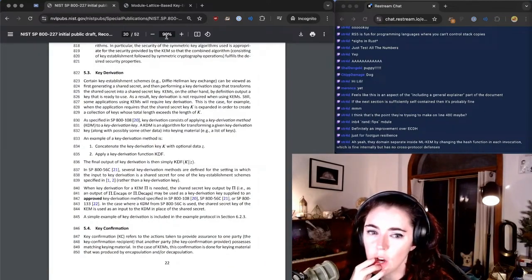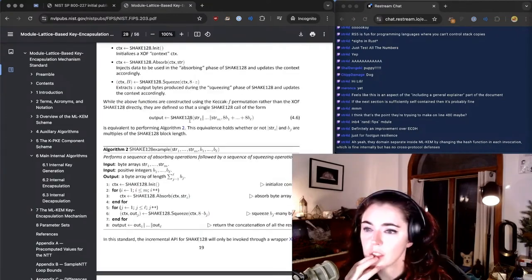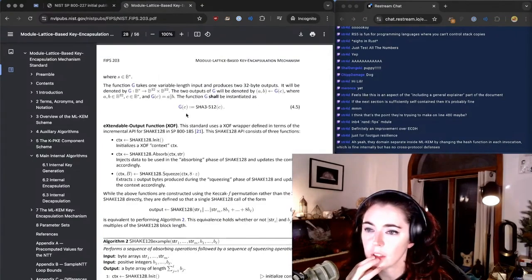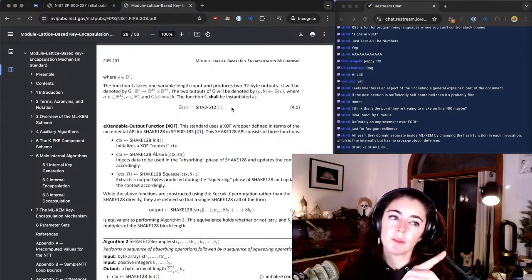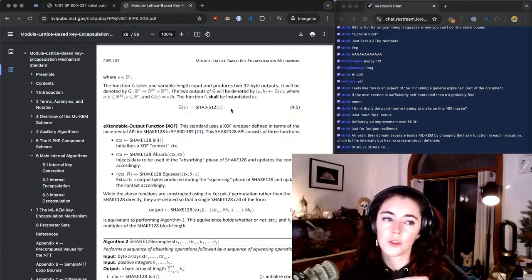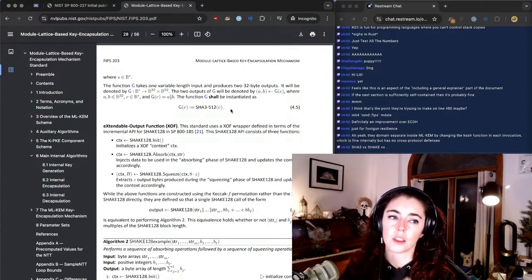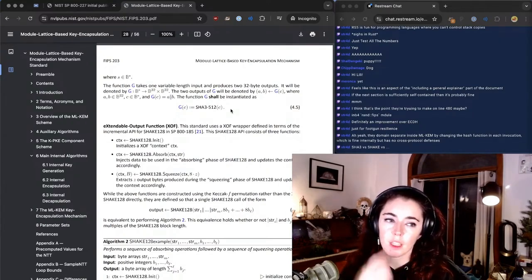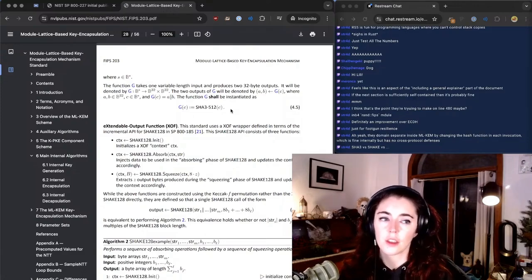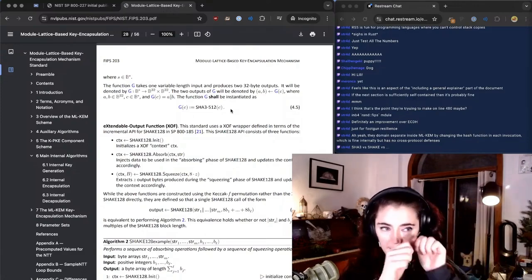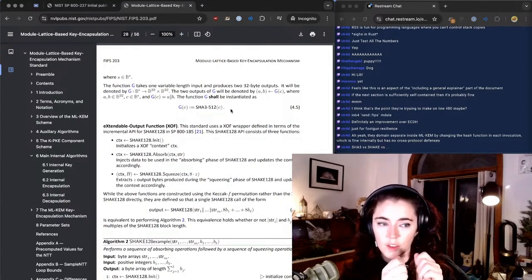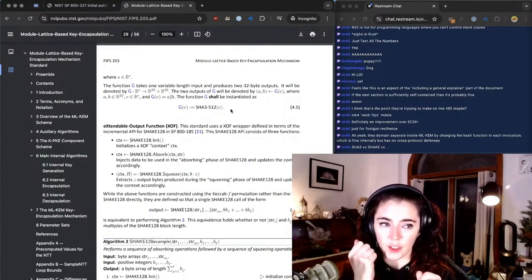Do they though? Because G, okay, hold on. Well, for their usages, they have key derivation and then they have the KDF internal to actually outputting the shared secret.